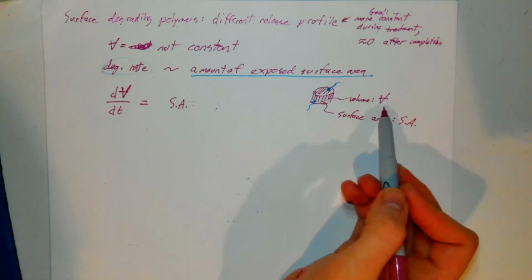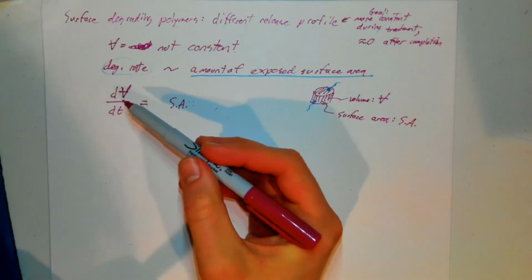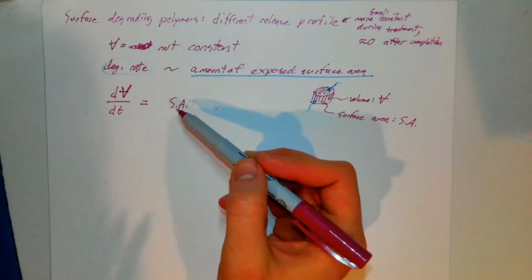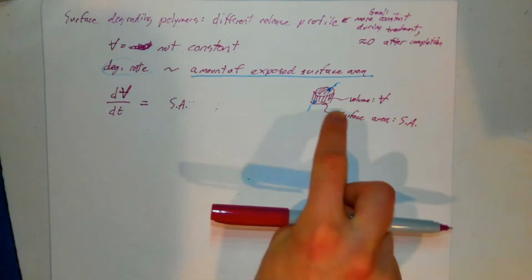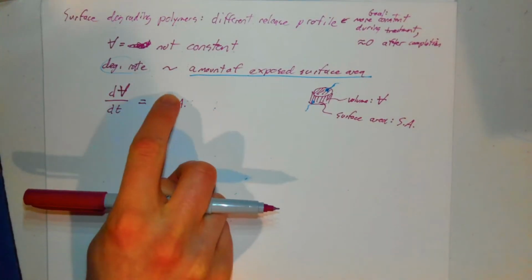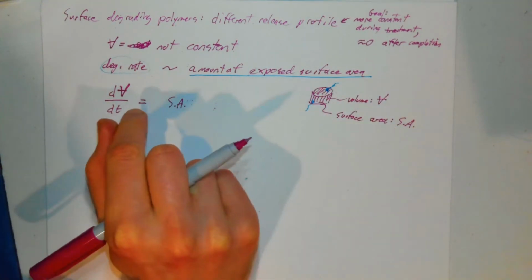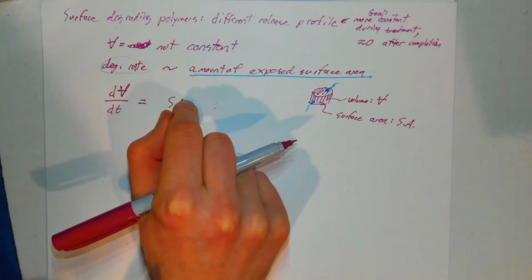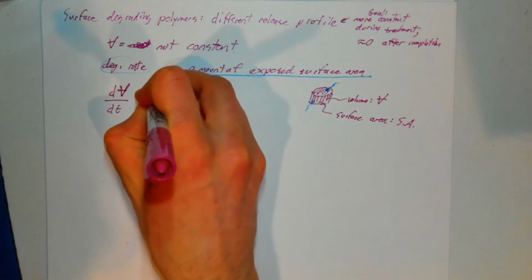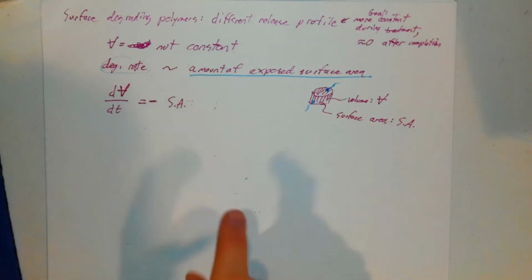I have some device that has some volume and some surface area. The time rate of change of volume is proportional to the surface area. But this is a degradation process, so surface area is positive while volume is decreasing with time. So dV/dt is negative when surface area is positive, so I need to put a minus sign out here.